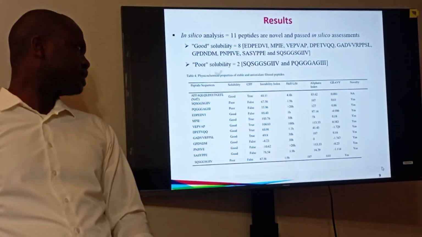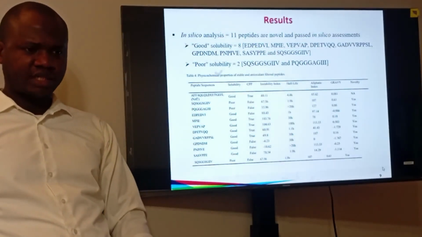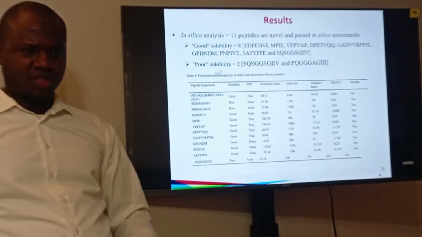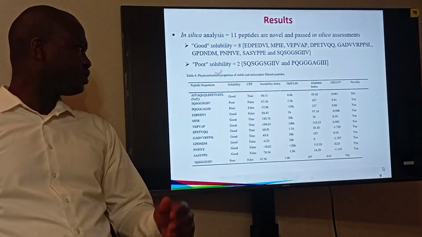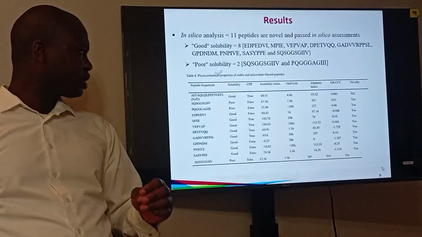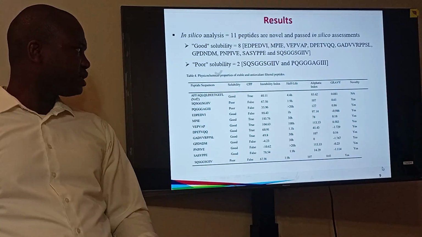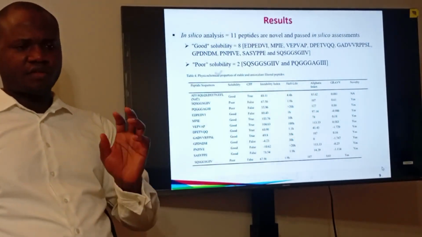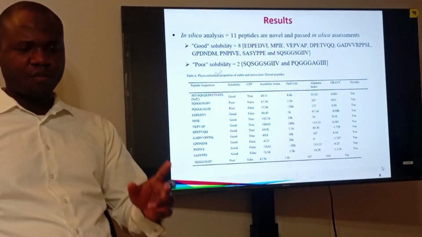So the data about the other physicochemical properties of these 11 peptides were indicated in the table shown on the slide. So we have the solubility, the cell-penetrating capacity, then we have the half-life of each of the peptides, and then we have the novelty, that is, whether the peptide is already in existence or is an entirely new peptide.